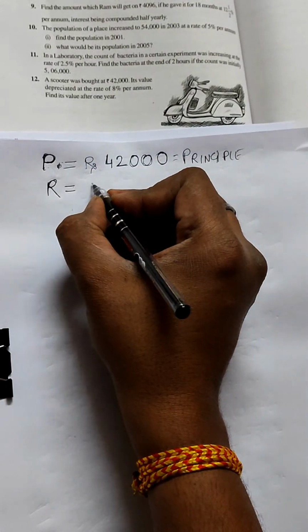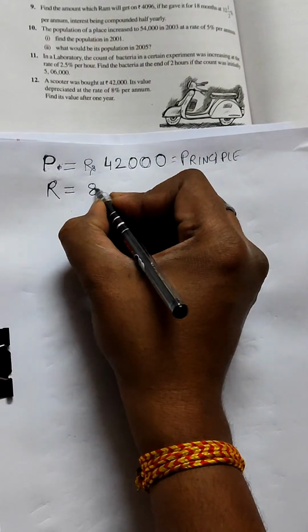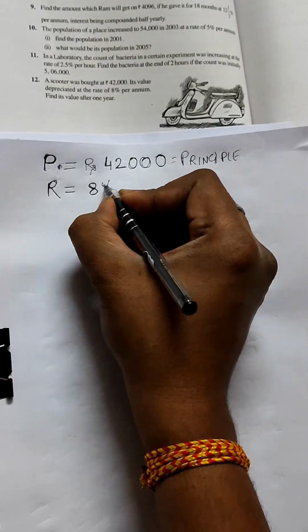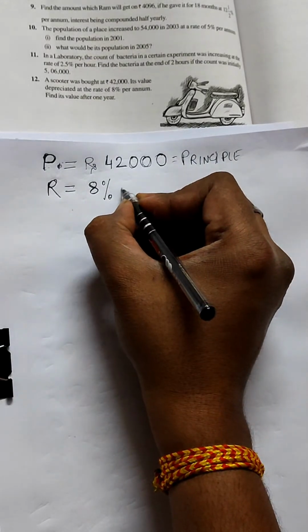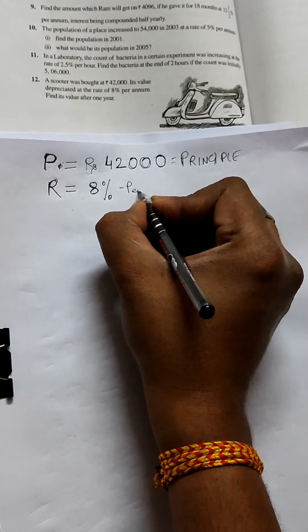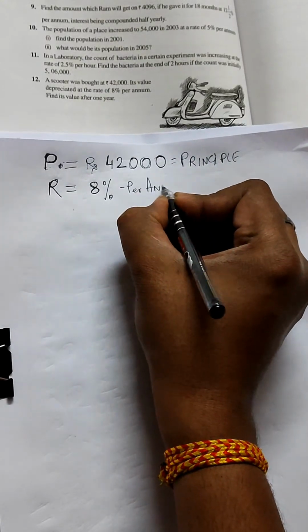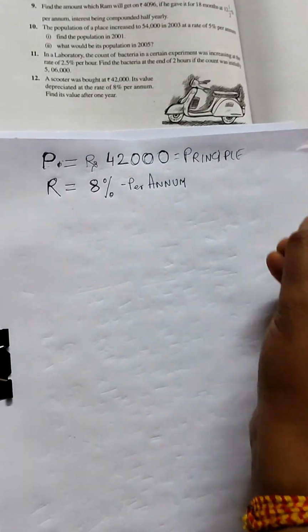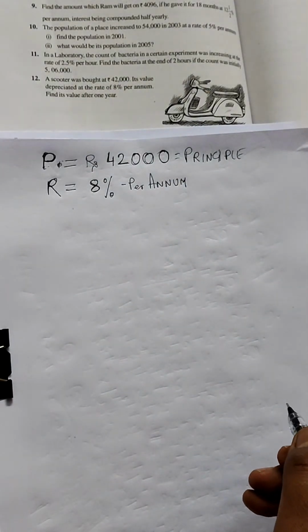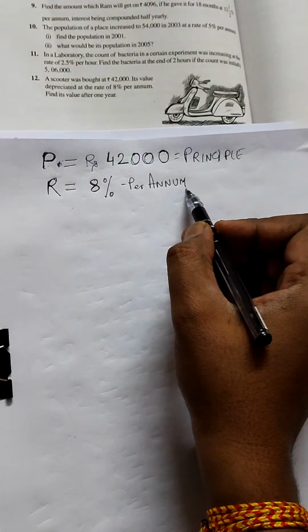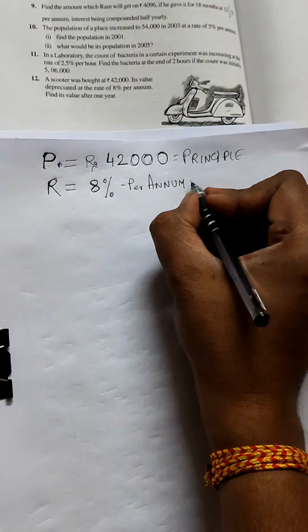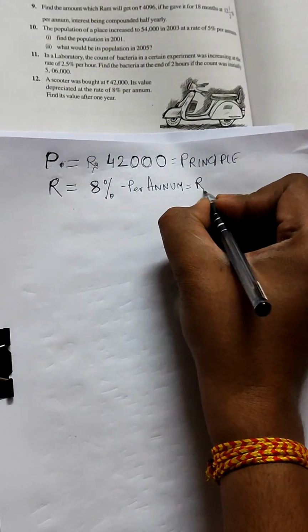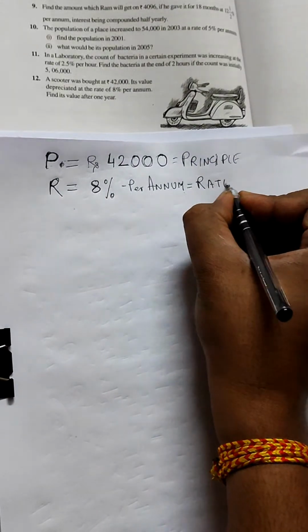But the rate is given as 8% per annum. Annum is annual, just like your annual examination. So I'm writing it over here, rate, R-A-T-E.